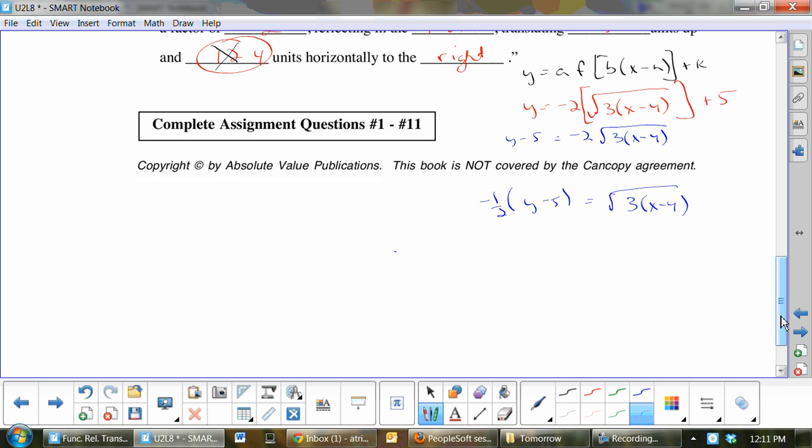Okay. Now, do you see how even this, if you ever have -1/2, minus 5, that's not a vertical translation 5 units up.